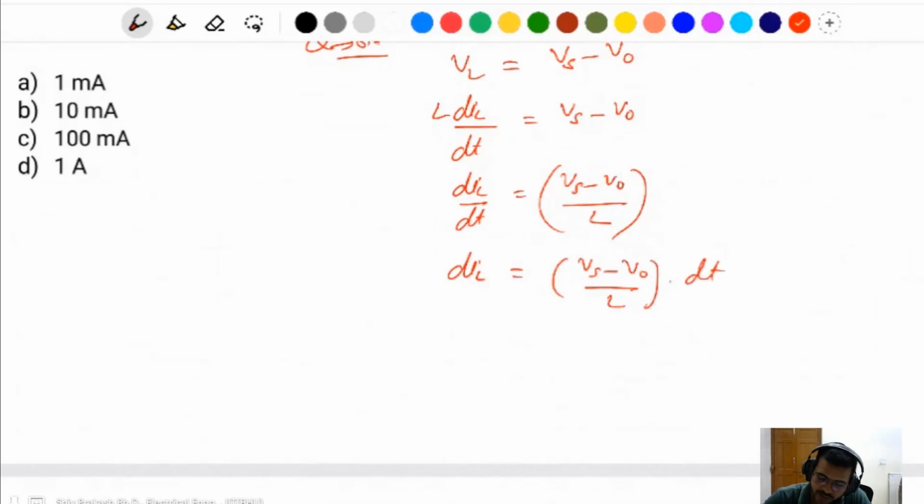To integrate this, take the limit for the inductor current flowing from IL minimum to IL maximum.